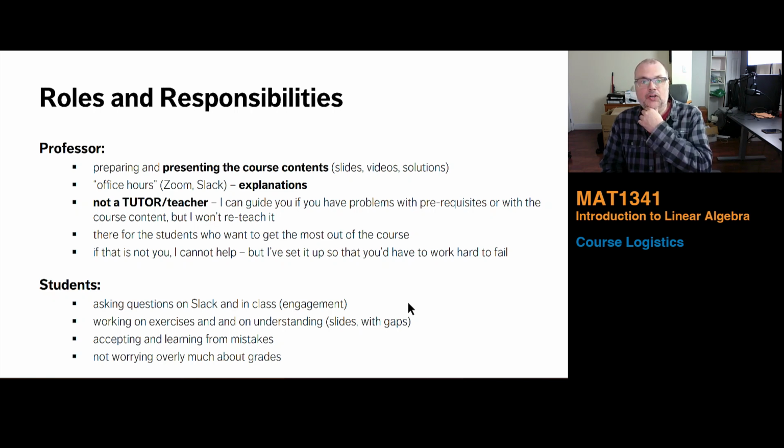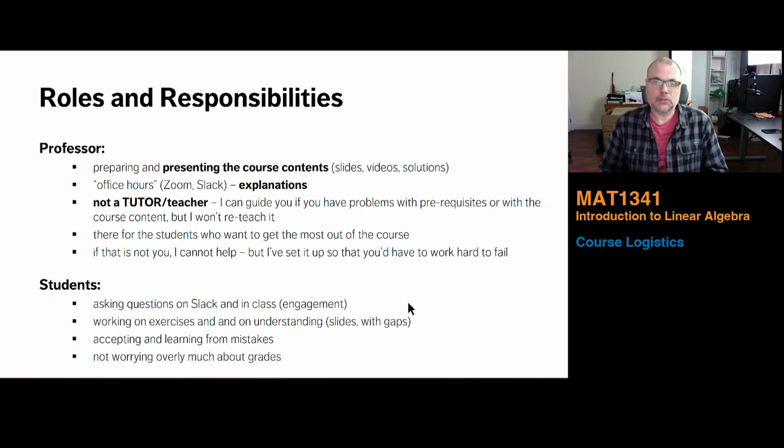If you're not somebody who wants to get the most out of the course, for whatever reason, good reasons or bad reasons, that's fine. It is actually not a problem. I can tell you as a student, I wasn't there to get the most out of all of my courses. In particular, if I had a course that wasn't an MAT course, could not care less about it.